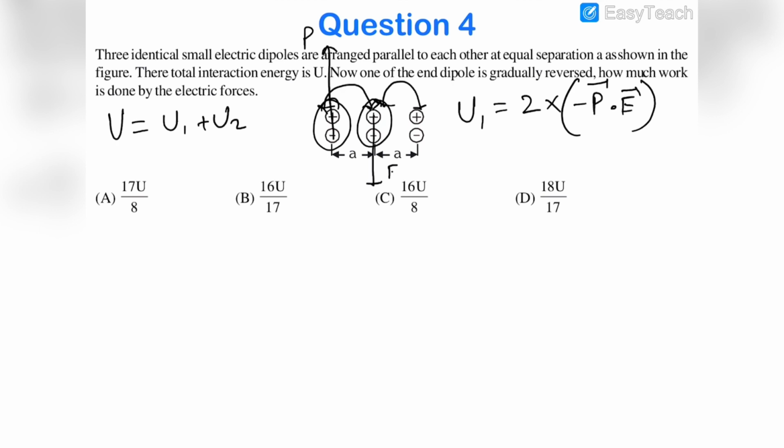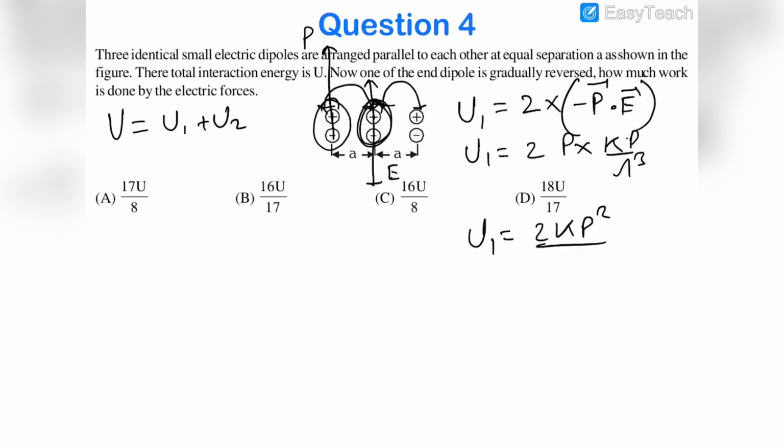So the angle between E and P is 180 degrees. So U1 will be equal to twice of P into E, where E is the electric field on the equatorial point. The equatorial point electric field is kP by r cube. So U1 will be equal to 2kP square by a cube.